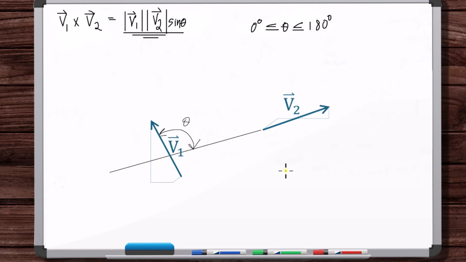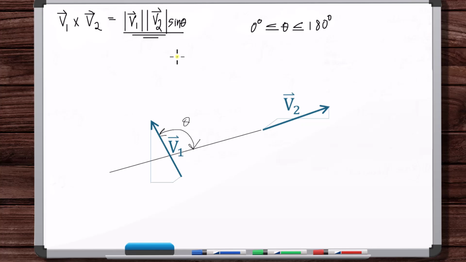It doesn't matter what coordinate system you're in. So this is independent of coordinate system, this is independent of coordinate system, and so is theta. The angle between the vectors is the same no matter what coordinate system you're in. So all of this is independent of coordinate system. Okay.